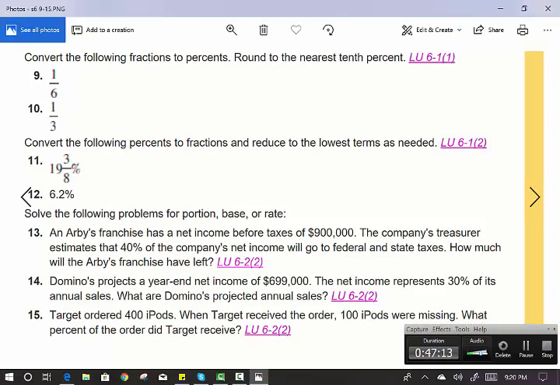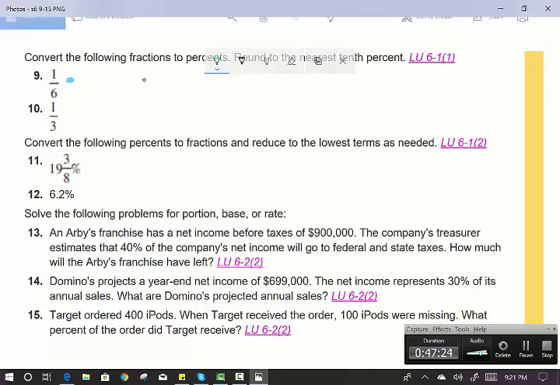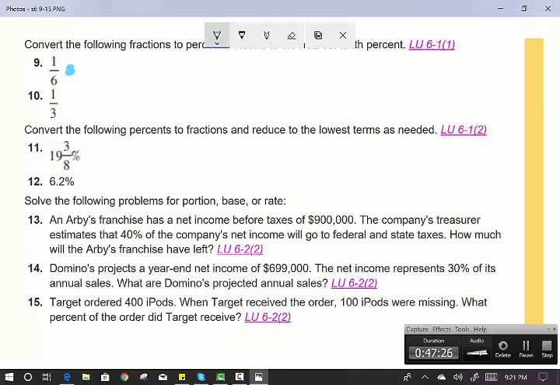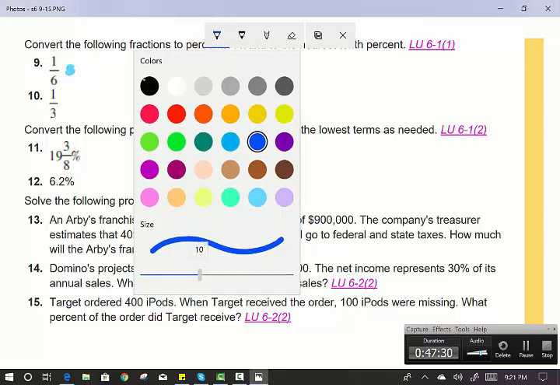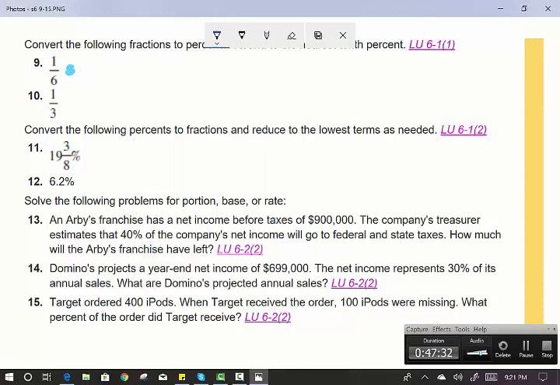Convert the following fractions to percents, and then round to the nearest 10th percent. So 1 divided by 6 on your calculator is equal to 0.167.